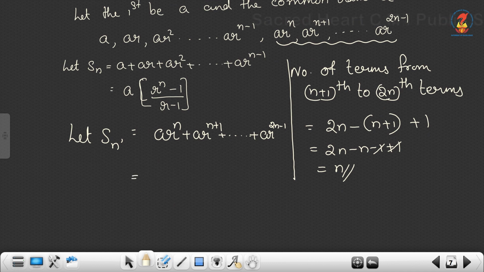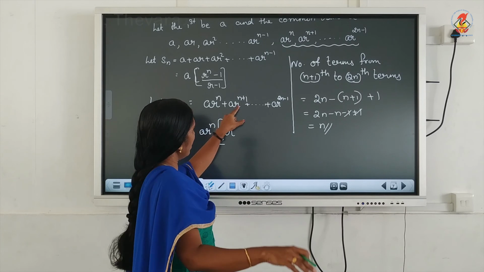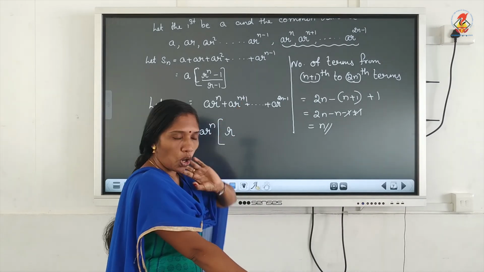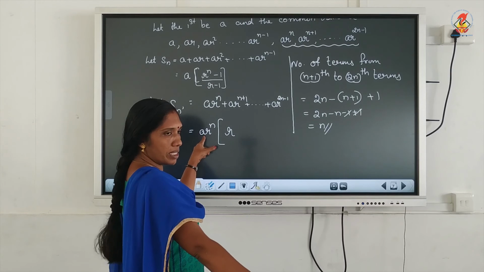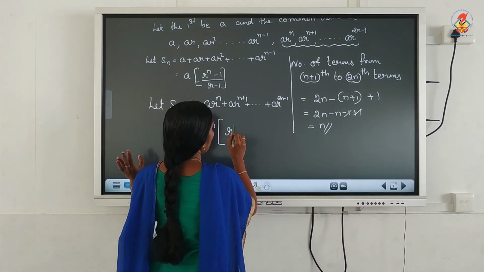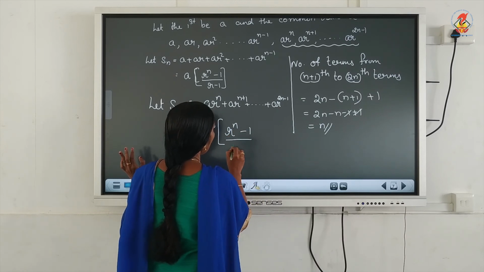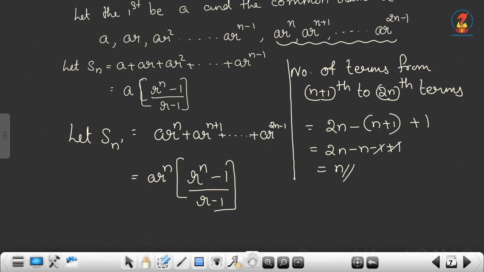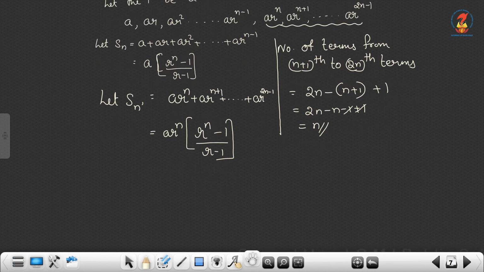So the formula is first term into r raised to number of terms minus 1 by r minus 1. What is the first term? ar raised to n. What is the common ratio? The same GP we are considering, so the next term is into r, then we get ar raised to n plus 1. So the common ratio is r, but the first term is different. The number of terms is also the same, so r raised to n minus 1 by r minus 1.